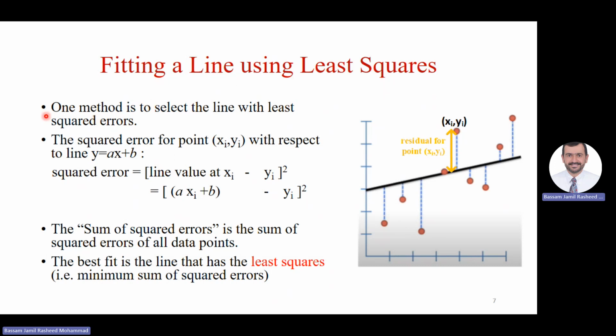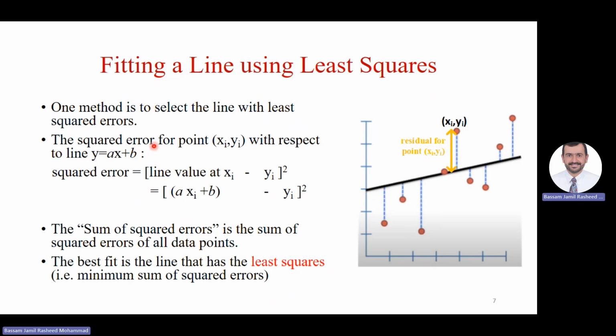Okay, so one method is to select the line with the least square errors. What does least square errors mean? I am going to add the square of the error, this one plus this one plus this one plus this one plus this one plus this one plus this one plus this one, and the sum of these becomes my cost function, and my objective is to find a line with minimal cost function.